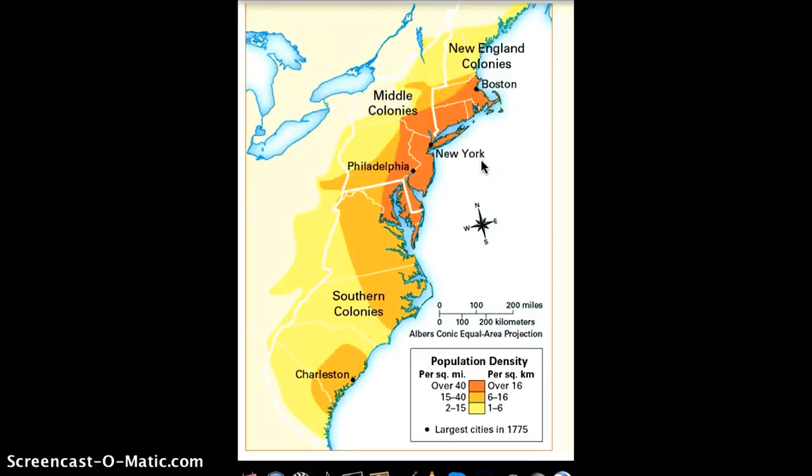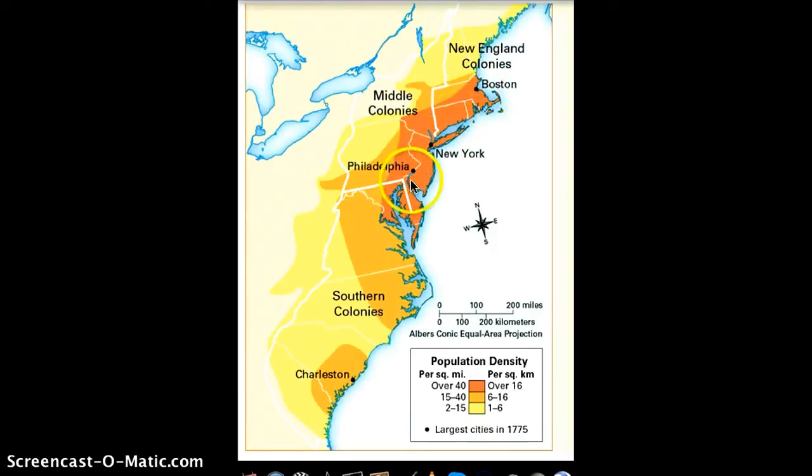Okay, so now we need to think about what is the barrier here that separates the colonies from the rest of North America. We talked about that in one of our other videos. Does that play a role? Does that tell us why not as many people live in these areas? Then take a look at where the cities are located. We have Philadelphia, we have New York, we have Boston. Okay?